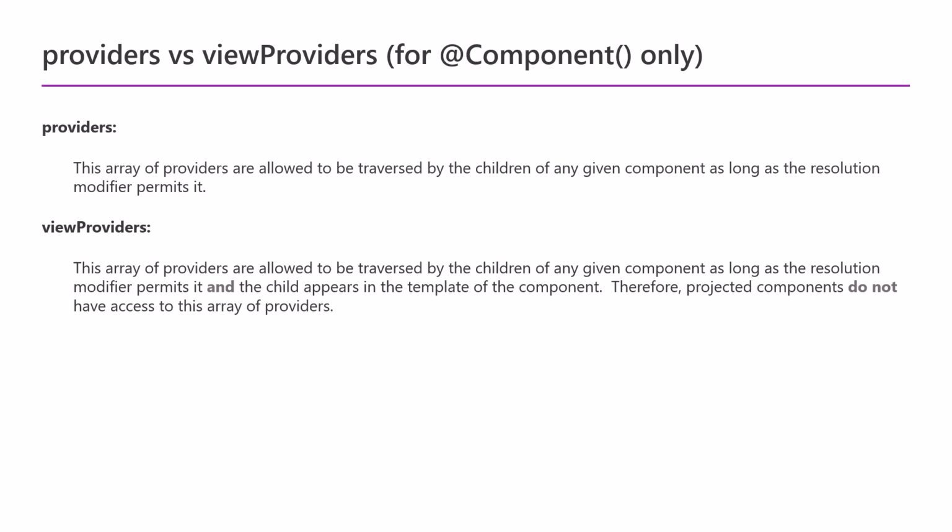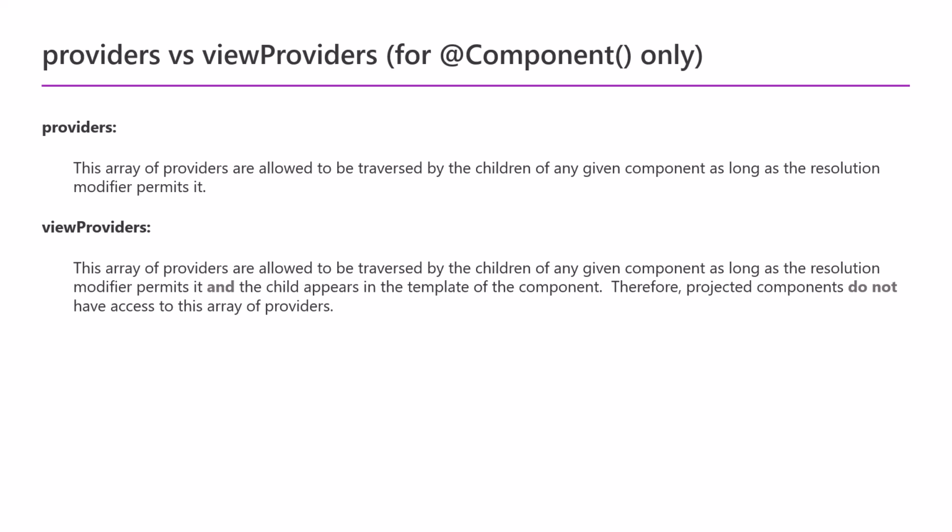The viewProviders array is a group of providers that can be accessed by the children of a component, but only if those children appear within the template of the component. Therefore, projected components do not have access to the viewProviders array.